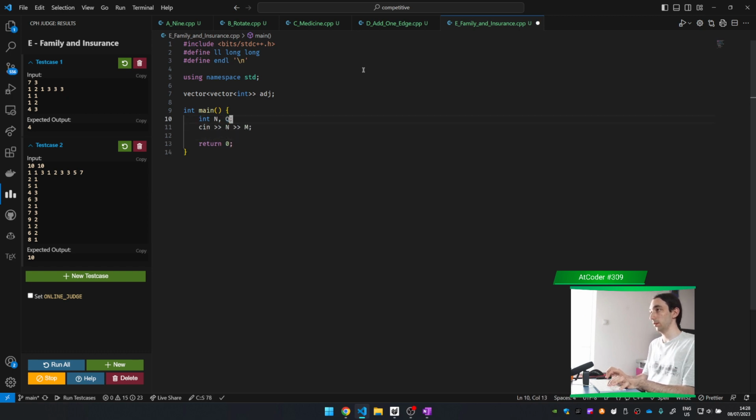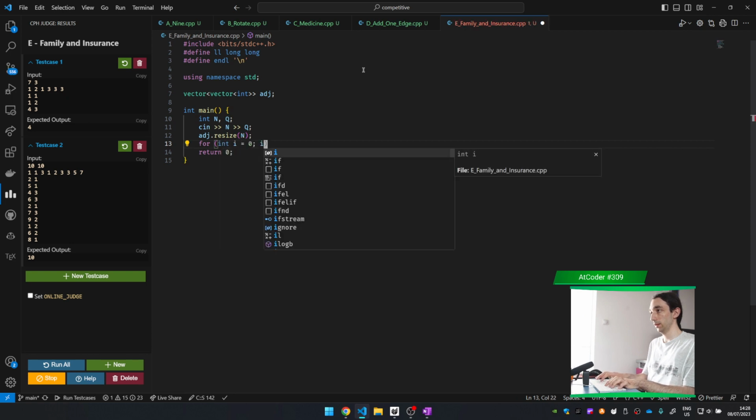So instead of M, okay, I will name them Q, so Q insurance, erase. And then you want adjacency size N, and then for N minus 1 edges.